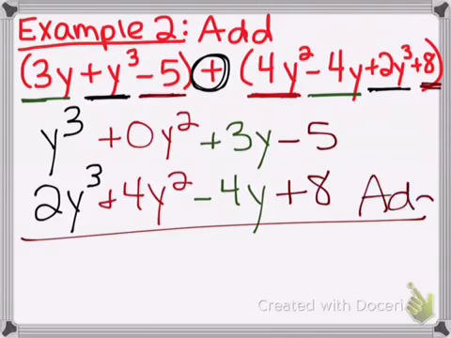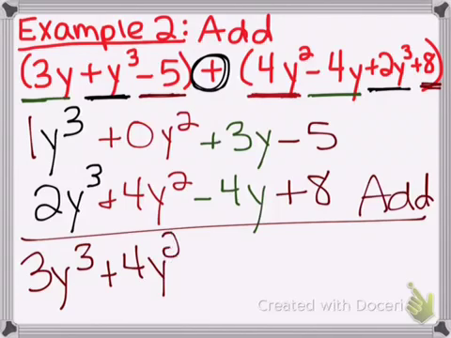Now I'm going to add these two together. 1y to the third plus 2y to the third is 3y to the third. 0 plus 4 is 4y squared. 3y minus 4y is negative 1y, so I'm going to write negative y. And negative 5 plus 8 is 3.